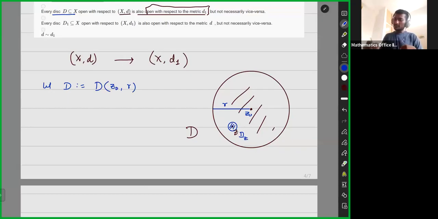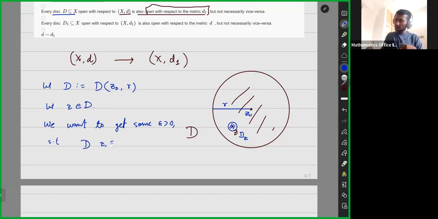Now pick any point z inside this, let z belong to D. What we have to get is some positive epsilon such that the ball Dz epsilon is contained in capital D. Every time I'm using capital D, so is there any confusion, or should this ball be denoted by D delta?